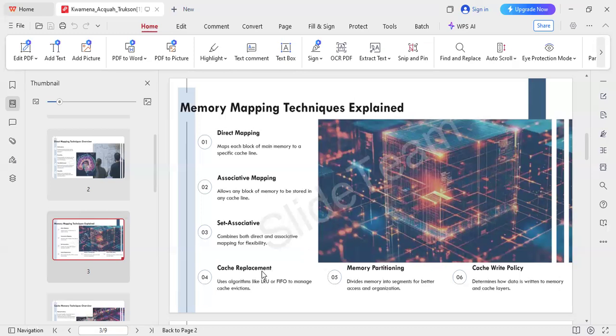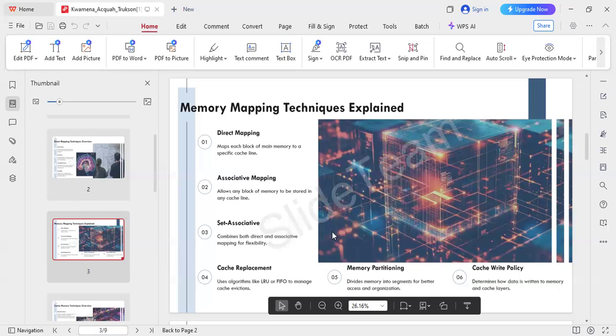Also, the fourth one, we have cache replacement. The cache replacement manages which data to move from cache using algorithms like LRU or FIFO. And number five, we have memory partitioning.